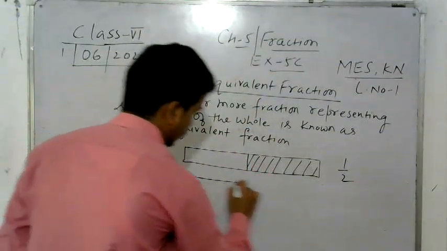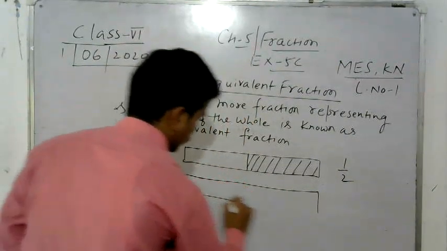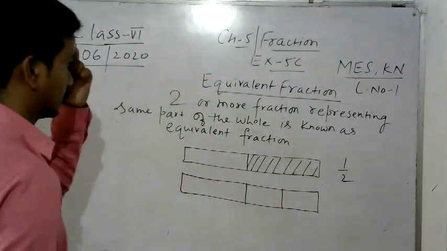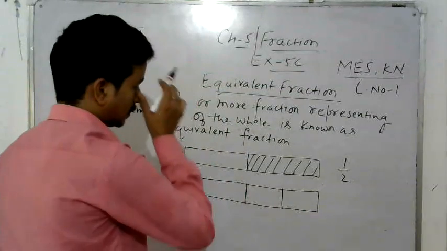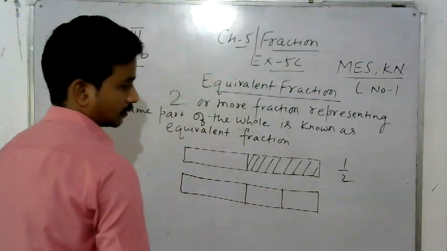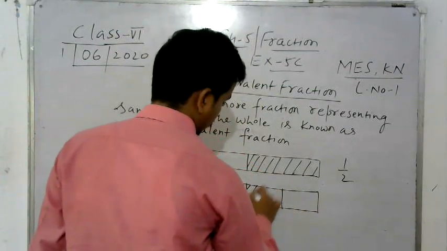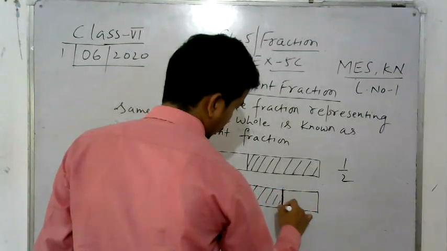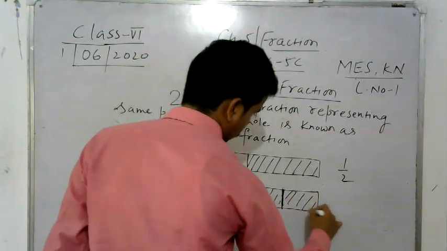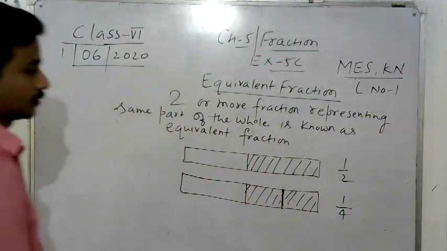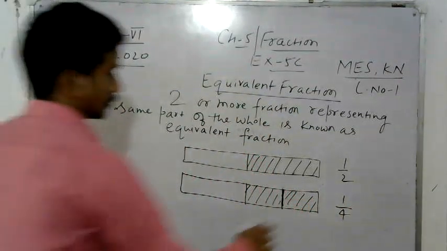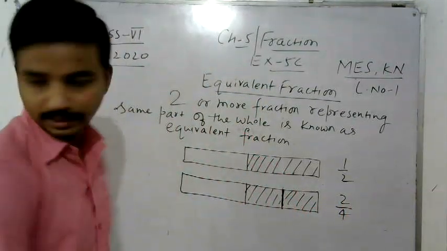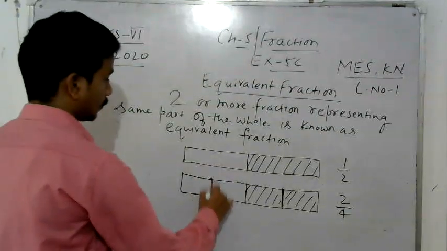Now, if we divide this part again into two parts, and if we divide again this part into two parts, then this part is known as 2/4.